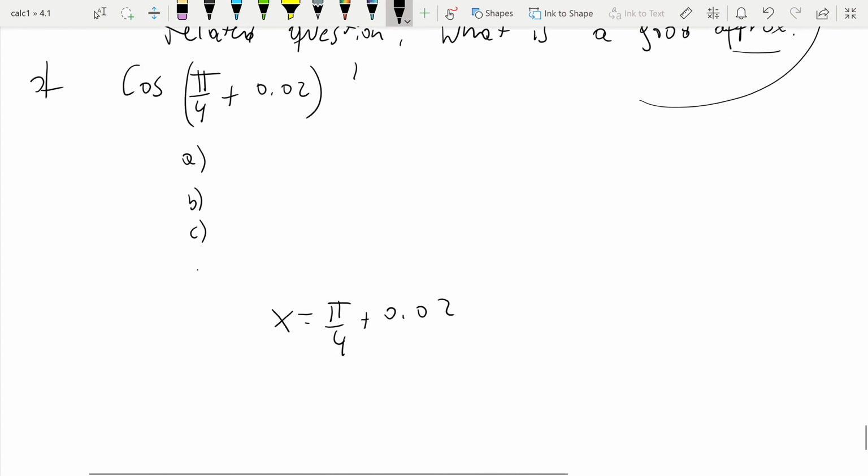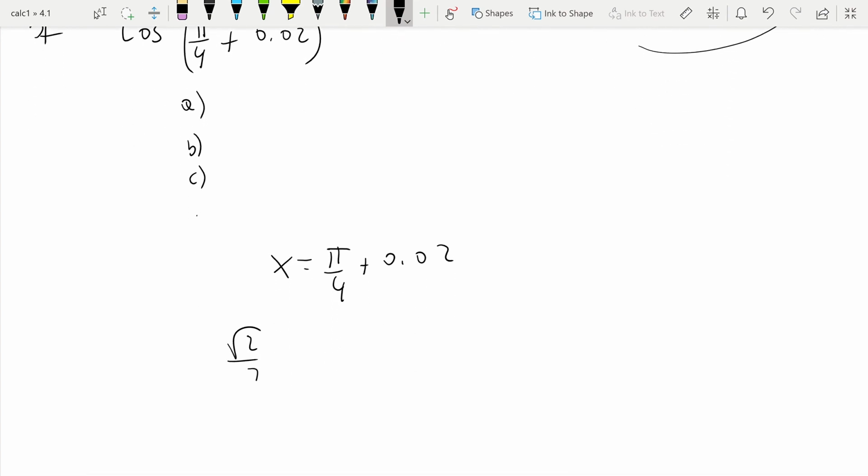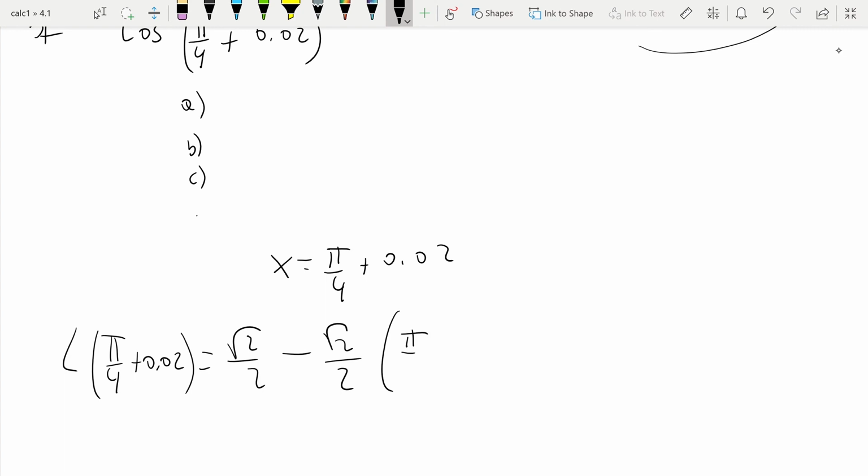You go back to this expression, and the linear approximation at that particular point will be square root 2 over 2, and then minus square root 2 over 2 times x, which is pi over 4 plus 0.02 minus pi over 4.